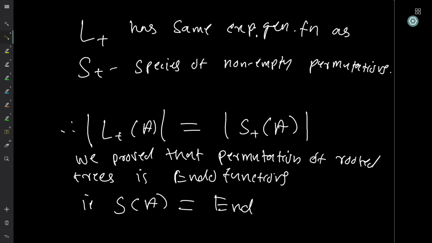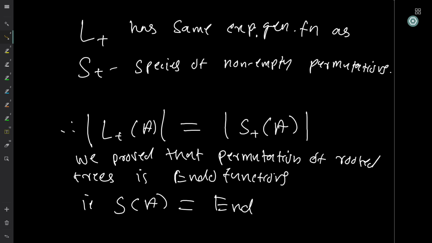So they are equinumerous. And because of this, if I substitute A into L plus, it has the same generating function. So you are substituting A into the same generating function, and L plus of A and S plus of A have the same cardinality.